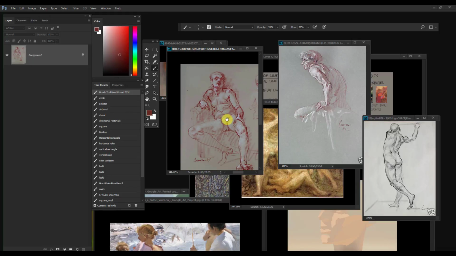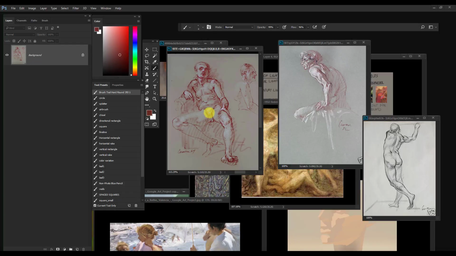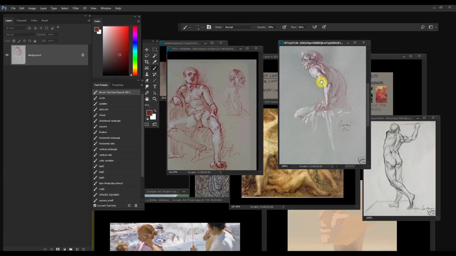A better drawing like this, which is done by Harry Carmine, wonderful Art Center artist. He was teaching when I was a student there, but I never had his class, and I've always regretted that, even though he's so advanced and I was such a noob that probably to this day I still wouldn't understand what he was trying to teach, but I can at least look at his drawings and see what's going on.